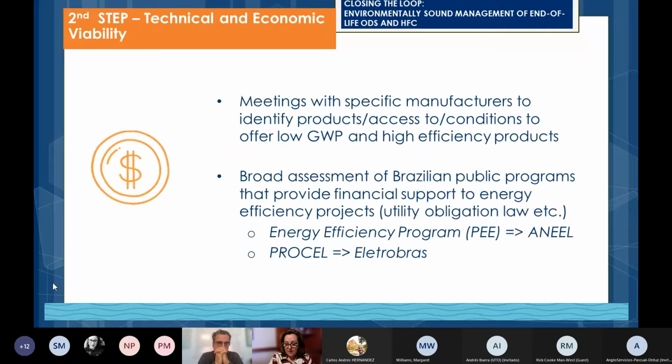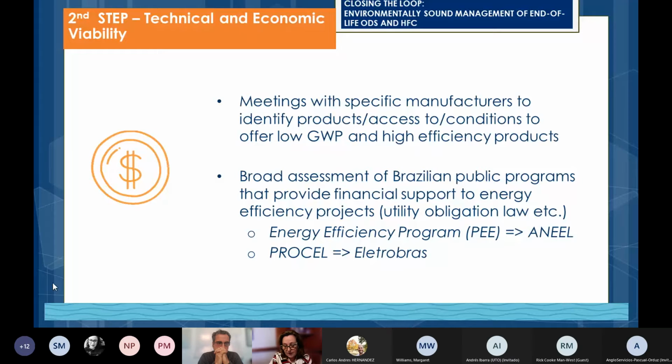The second step was about technical and economic viability of the equipment replacement program. In order to do that, we had numerous meetings with manufacturers and industry associations. We have also looked at finance needs to make replacement programs viable and sustainable.